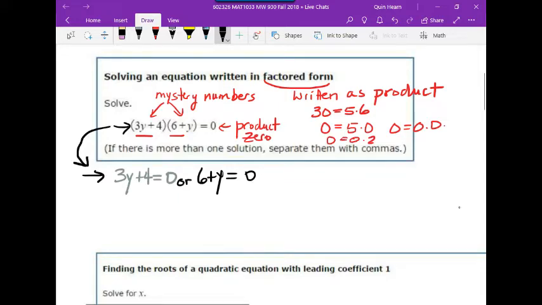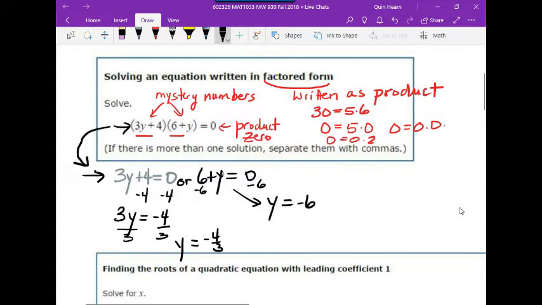If I solve 3y plus 4 equals 0, all that involves is isolating the y. I would subtract 4 from both sides, divide both sides by 3, and we would get y equals negative 4/3. Or in this case, we could subtract 6 from both sides, and we would get y equals negative 6.